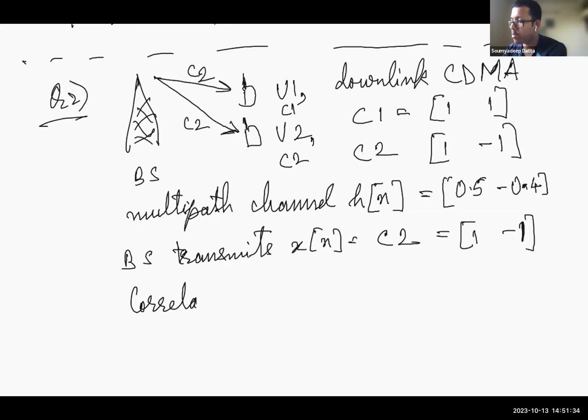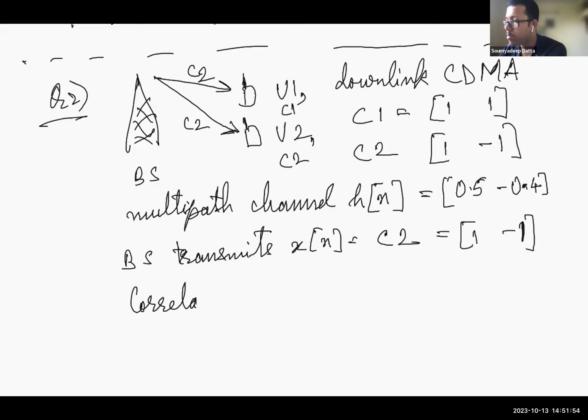So for user 1, the correlation is y times C1 transpose. So this will be 0.5, minus 0.9, 0.4, 0 times C1 transpose. C1 is 1, 1.